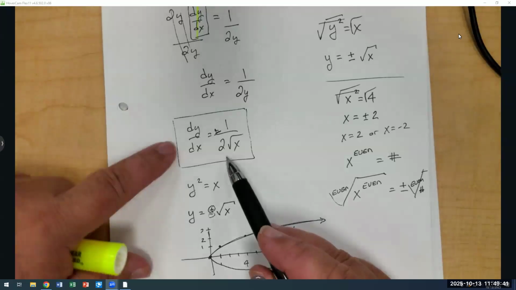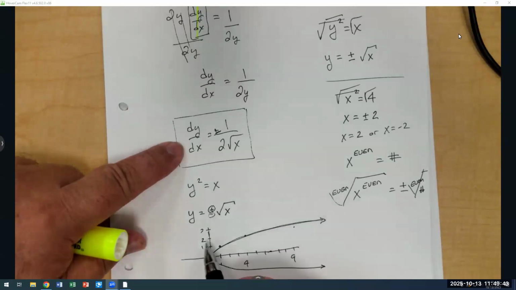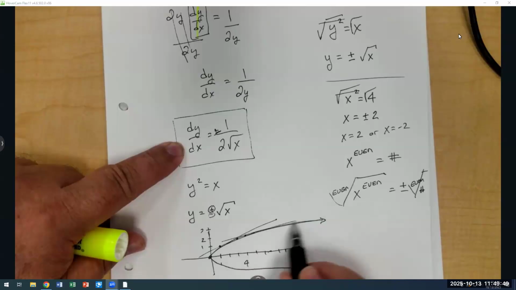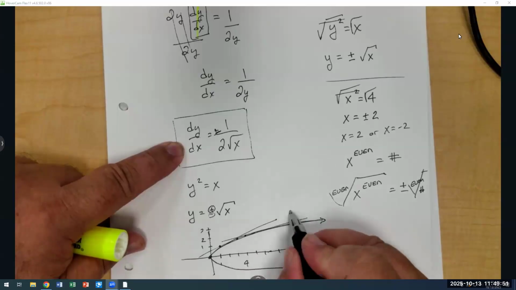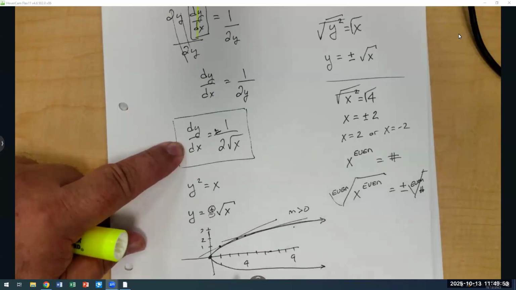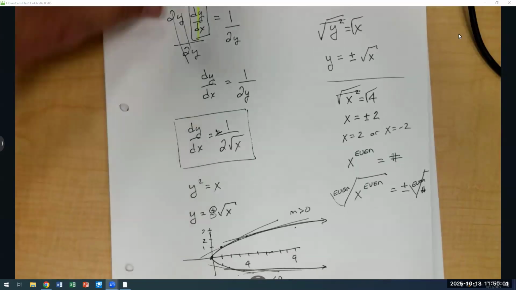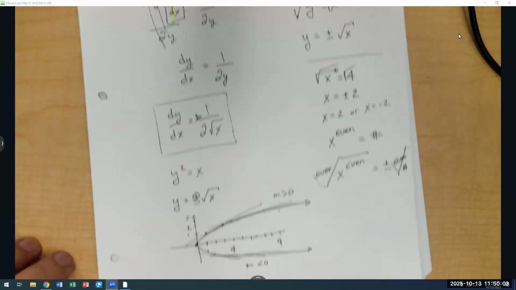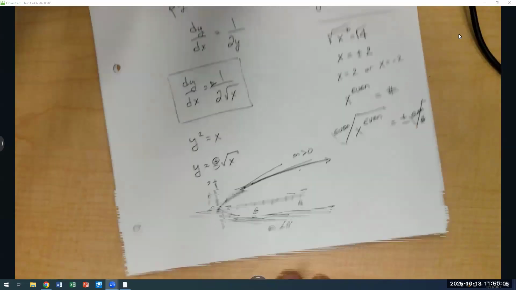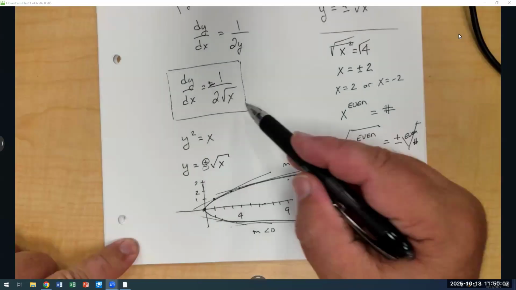So what this tells us is that if we take points on the top part, those are all positive slopes. If we take points on the bottom part, it's always decreasing. So all your slopes here are negative. That's what this tells us.